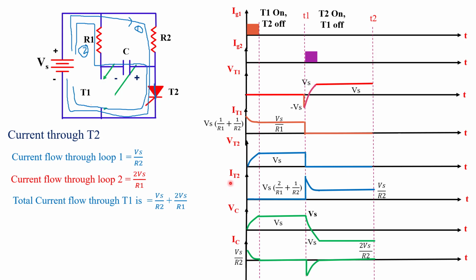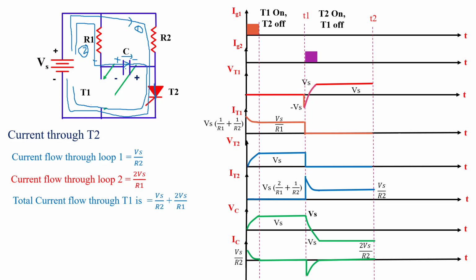What about the current through the T2 thyristor? Initially when we turn on T2, current flows through it from the two loops, 1 and 2. So the initial current through T2 is Vs times 2 upon R1 plus 1 by R2. After that, when current flows through loop 2, the capacitor starts charging with this plate positive and this plate negative, because current flows in this direction.